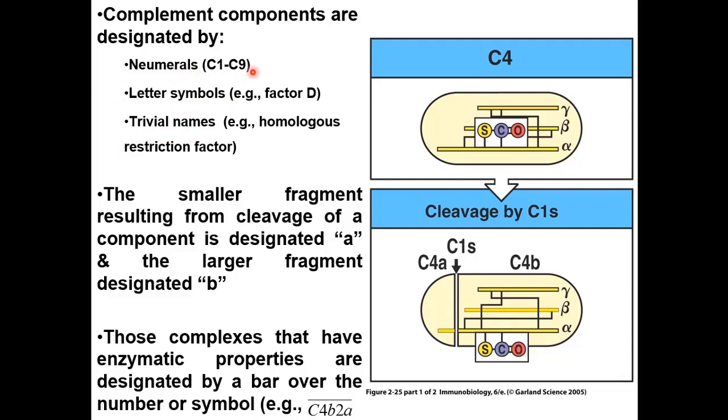Nine proteins in the complement system are named by numbers, C1, C2, C3, till C9. Some of the complement components are named by letters, for example factor D and factor B, and some of them are named by trivial names, for example homologous restriction factor.